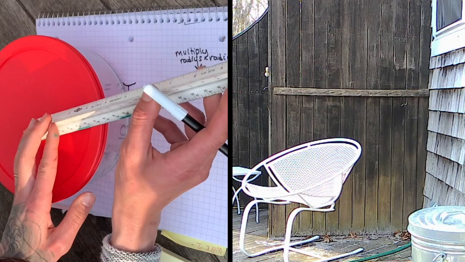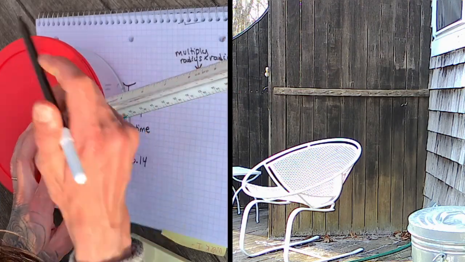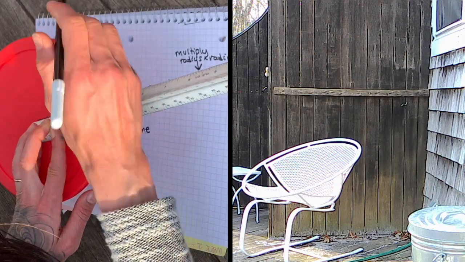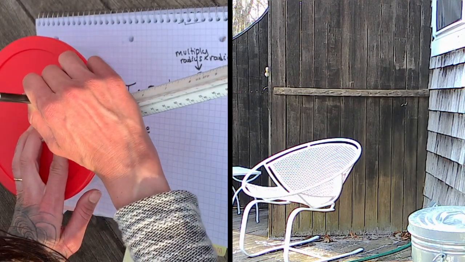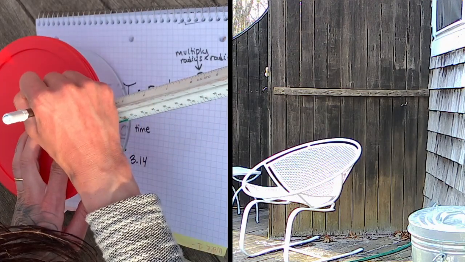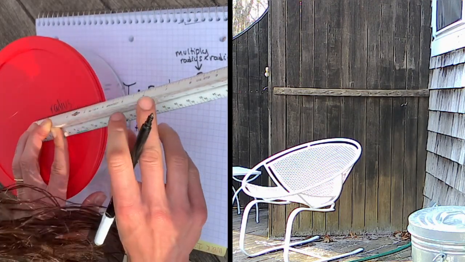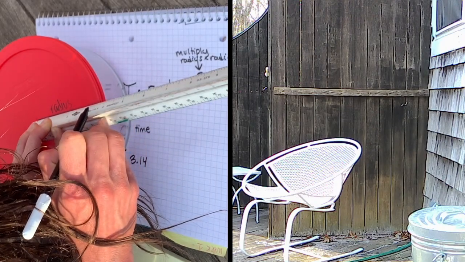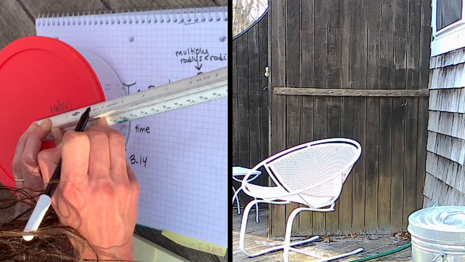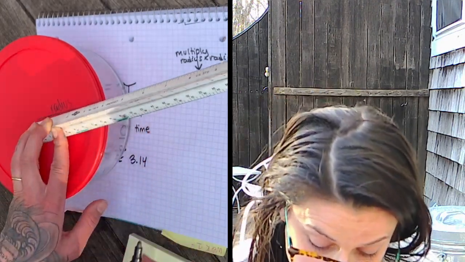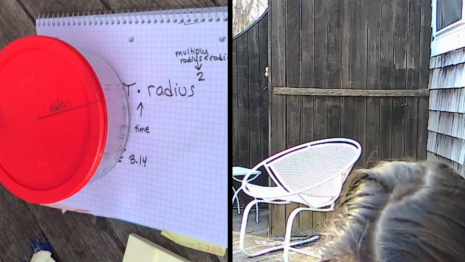You know what, I'm going to just go ahead and write on here for you all, like I did in the circumference video. So that is our radius, and it looks like it is 3 inches and a half, or 8/16, 9, 10, 11/16. So it's 3 inches and 11/16.